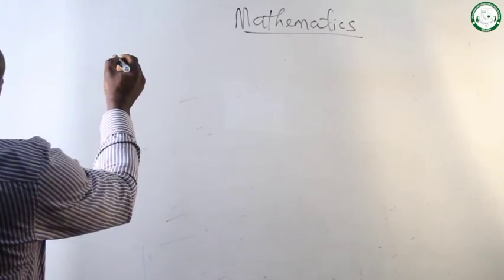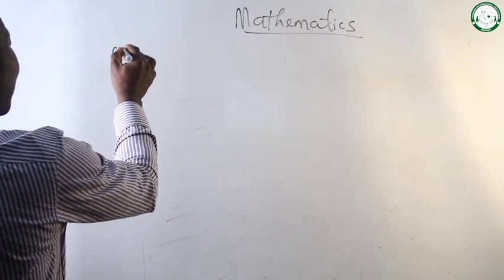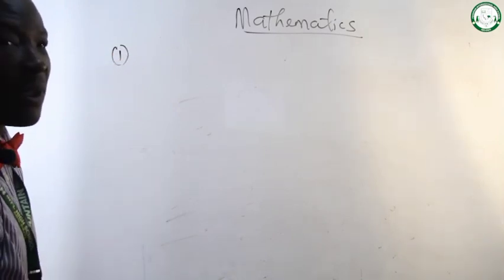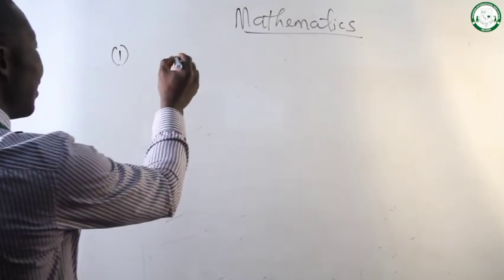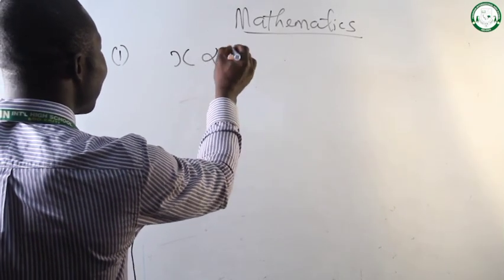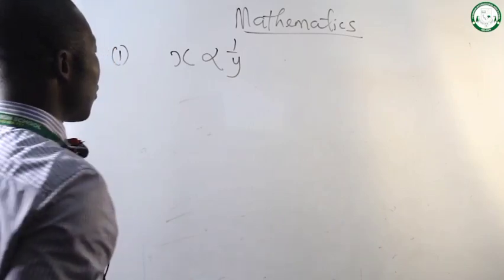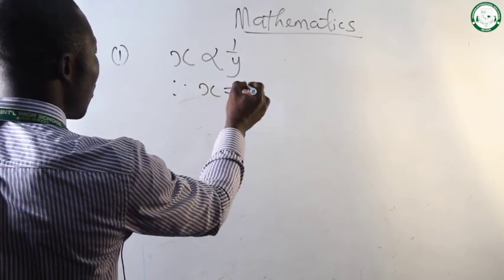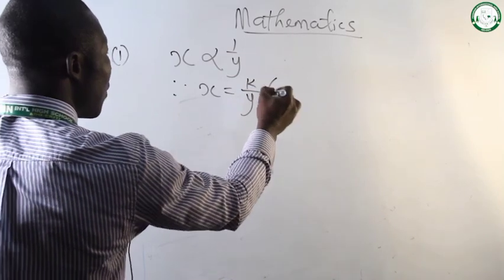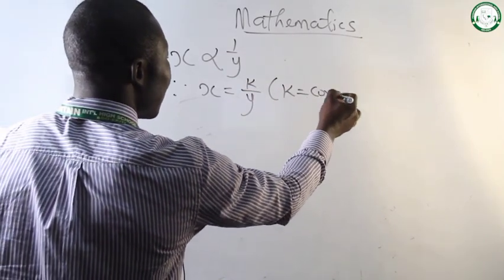So the first thing we are going to do here is that we look for the relationship. Don't forget the questions that say x varies inversely. That is, x varies inversely to y. Therefore, x equals k over y, where k equals constant.